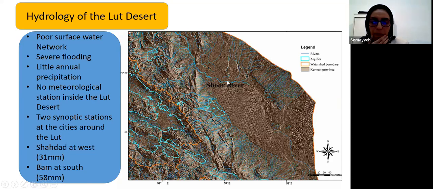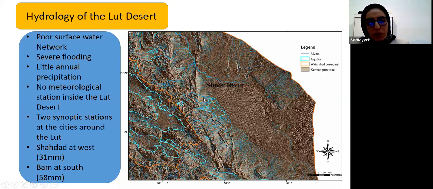The only perennial river that is flowing, and this is also the mystery in the Lut, is the Shur River, that is flowing from the north east of the Lut to the central Lut depression.